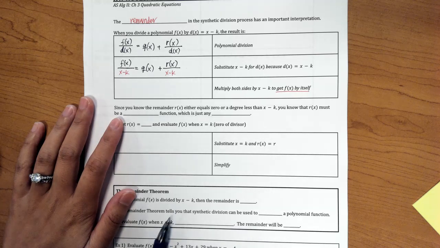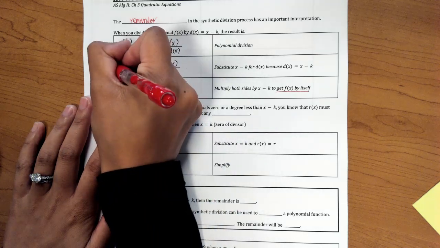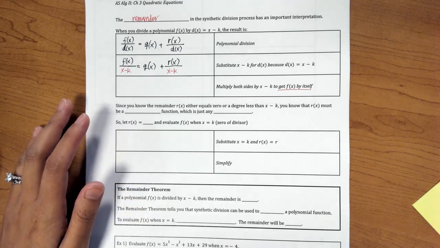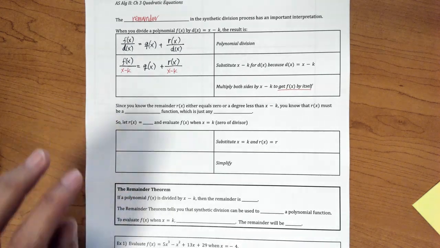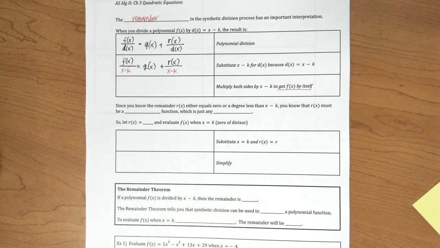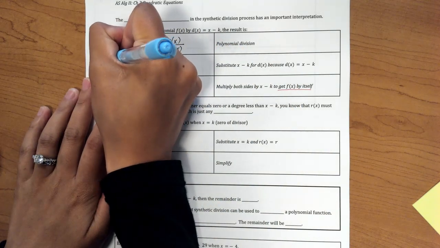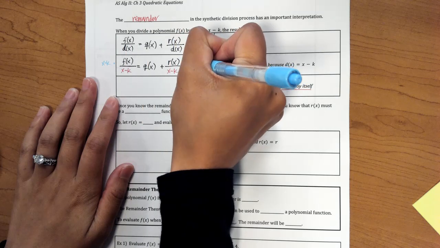So how can I write this without showing that I did it? Let me see if I have a different color. Sorry guys, give me a second. Let's use light blue. My next step is x minus k, which cancels.